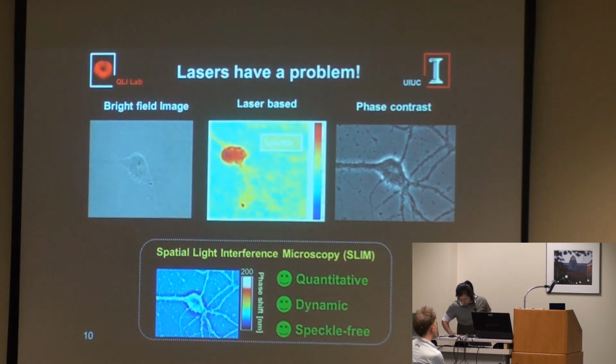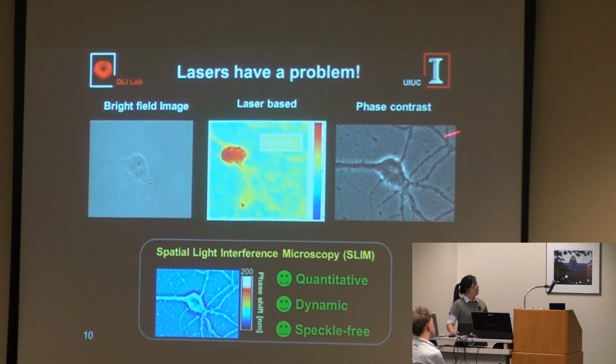So the next question is, how can we measure the phase? Since the live cell is very transparent under bright field microscopy. Laser can see this, but due to the speckle, the high coherence, there is a lot of speckle.